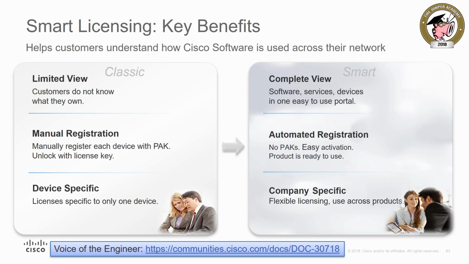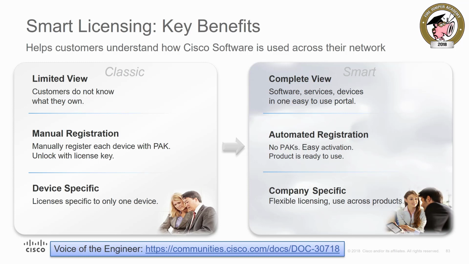On the classic side, or the previous historic side, you have a limited view. Customers don't know what they own. You have to manually register the devices with the product activation key. You have to unlock them with the license key. It's device specific. A license is specific to only one device.